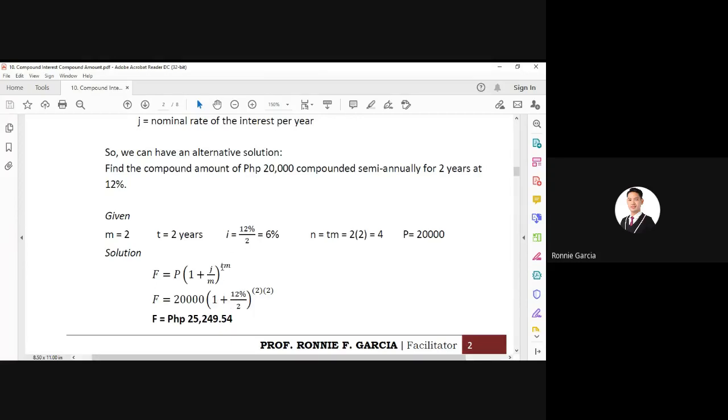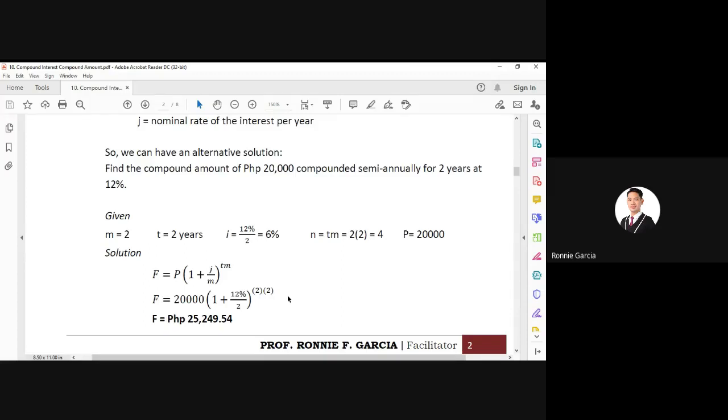Ang imuha pong N is your term or time 2 years times M 2. 2 times 2 equals 4. So in your calculators, 1 plus 0.06 is 1.06. Sa inyong calculator, if you have your exponent, i-press ninyo ang function for exponent raised to the power of 4.